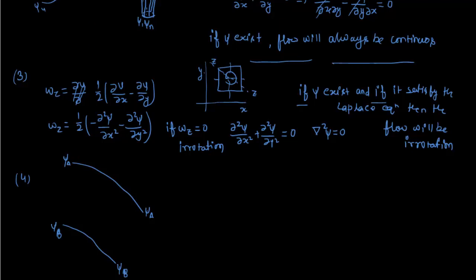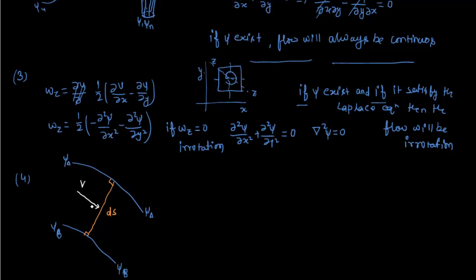Okay, now this is the cross section between the two streamlines, or this is the minimum distance. So obviously this line is perpendicular to these streamlines, and let's say this is ds. Let's suppose the perpendicular velocity is v here.